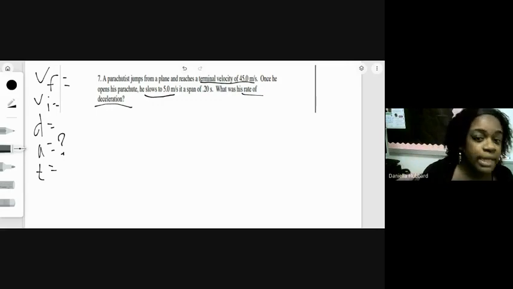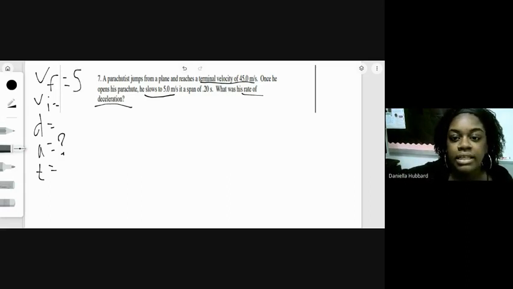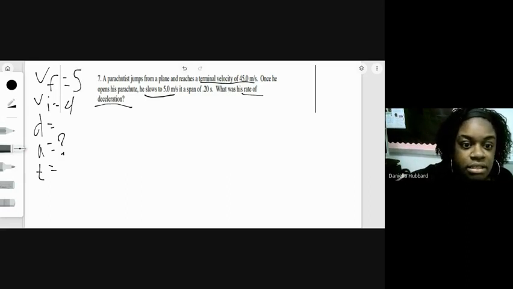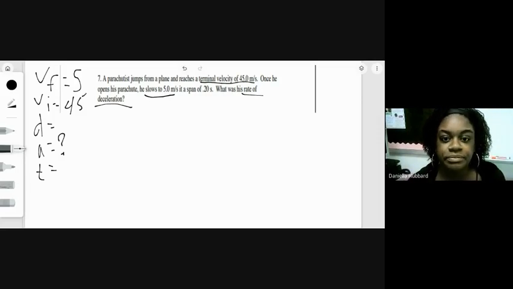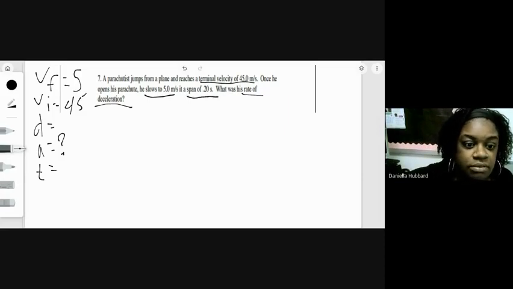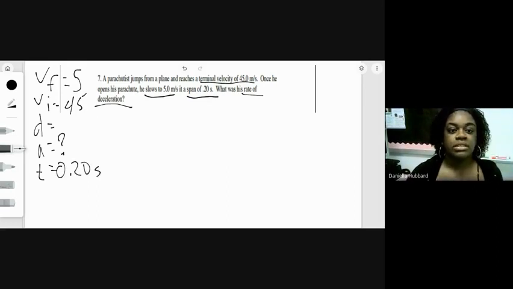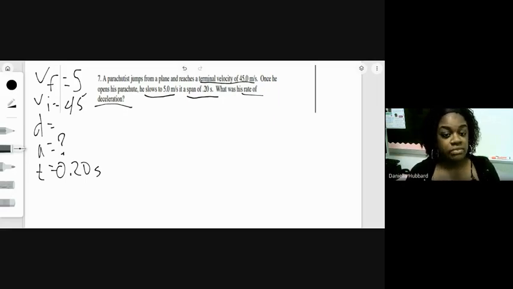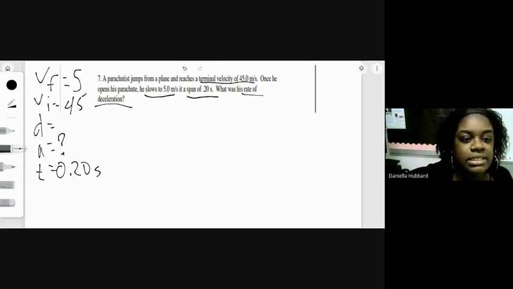So since he slowed down, that means the 5 is the final velocity and the initial in this case is 45. They also give us the time, which is 0.2 seconds. Okay, so we have final velocity, we have initial velocity, we have our time, and they're asking for acceleration. So as you can see, distance is not considered at all.